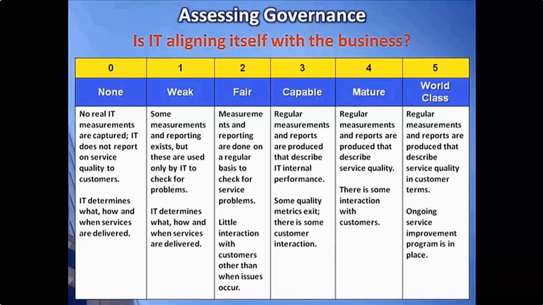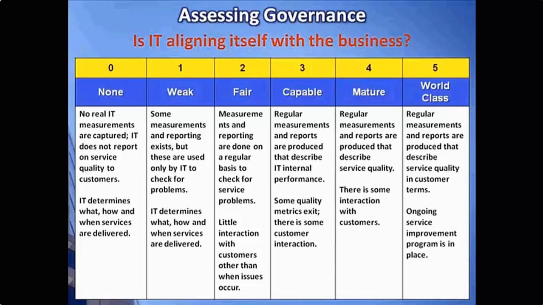As you move up the scale, maybe there is some measuring and reporting, maybe there are instances where IT does meet with the business on some periodic basis. Maybe there's some decision-making authority that's established and in place to help make decisions that are aligned with the business. So that might end up getting a middle or higher rating.